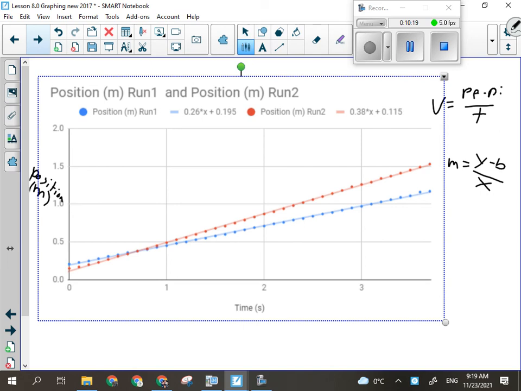One of the first things you should do if you encounter a graph is figure out what everything represents on this graph. Here's another one. What's the initial position of the object? 0.195 meters.